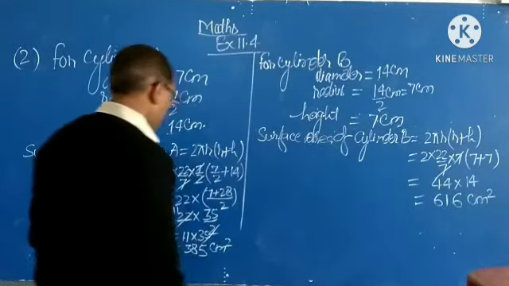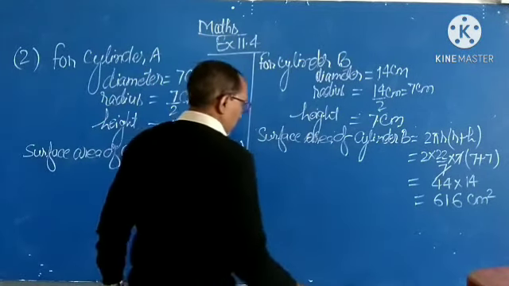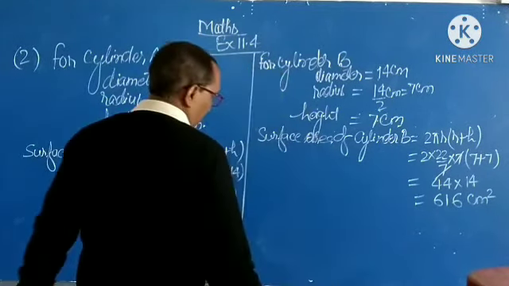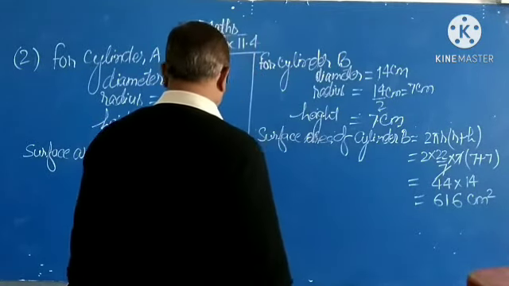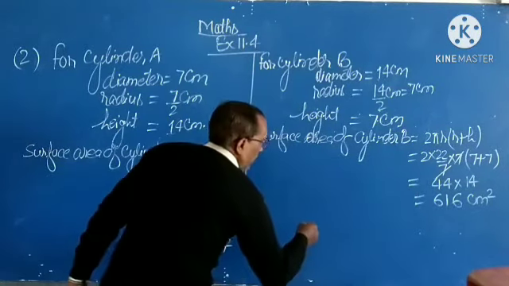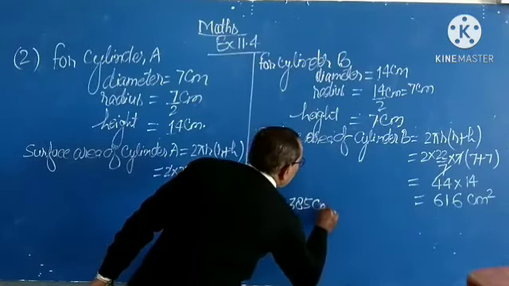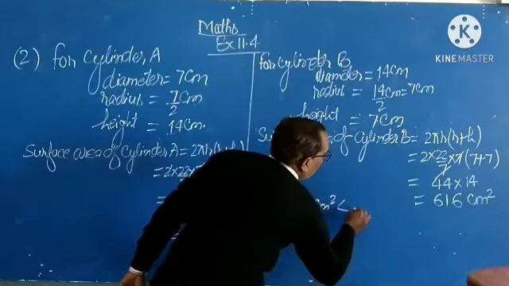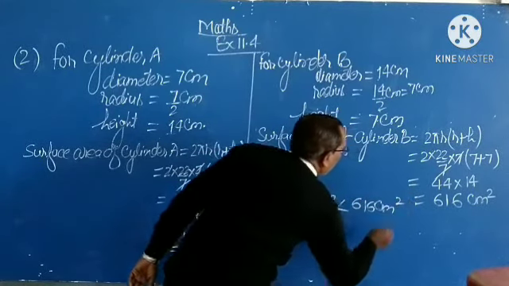You compare these two, 385 and 616, you get 616 is greater than 385. This means surface area of cylinder B is greater than surface area of cylinder A. You write down 385 centimeter square is less than 616 centimeter square.